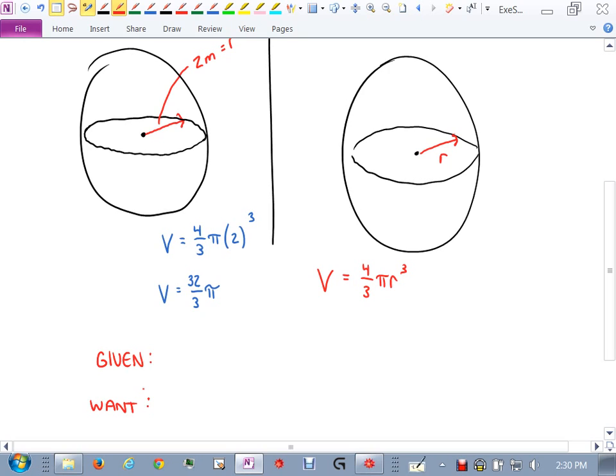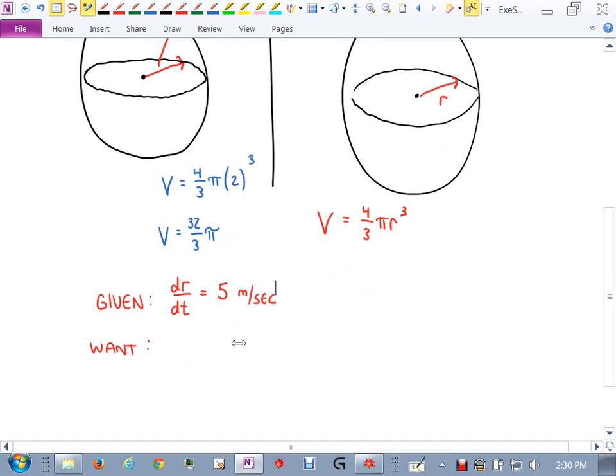In this particular problem, I give you the rate at which the radius is increasing. In my drawings here, I have labeled my radius r, so my given derivative would be dr/dt. It's 5 meters per second. That's my dr/dt.